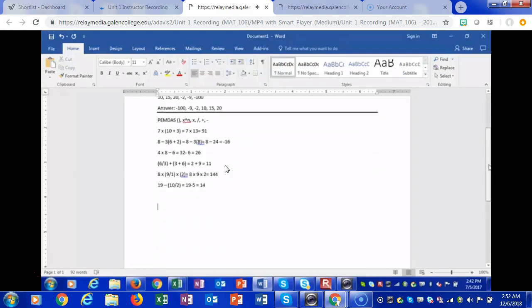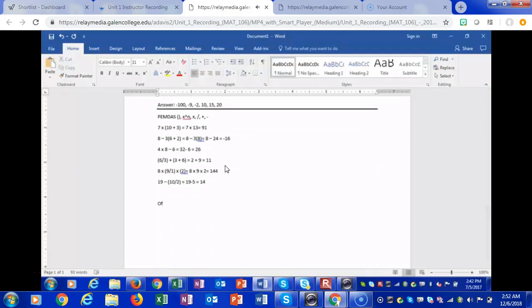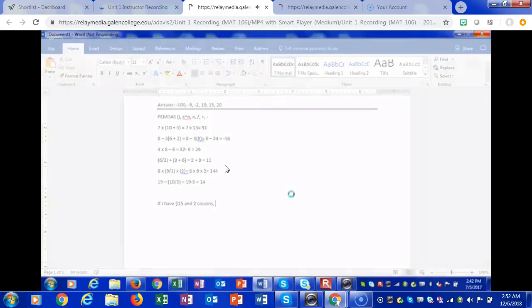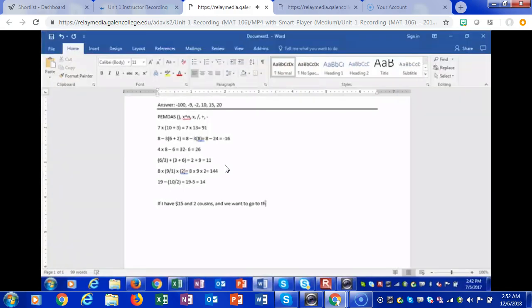This time, some word problems. If I have $15 and 2 cousins, and we want to go to the movies.